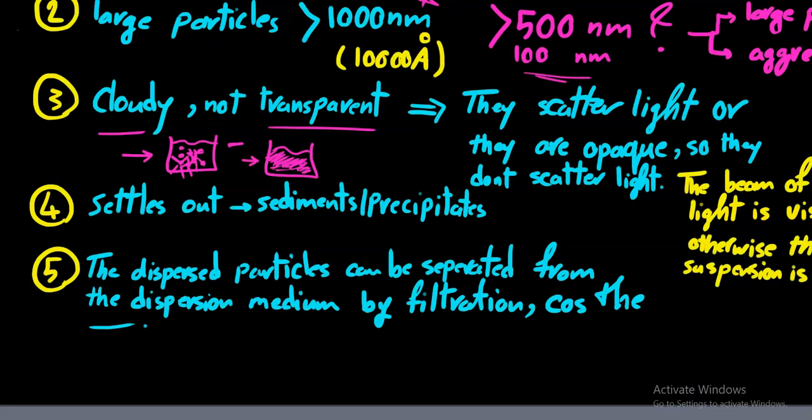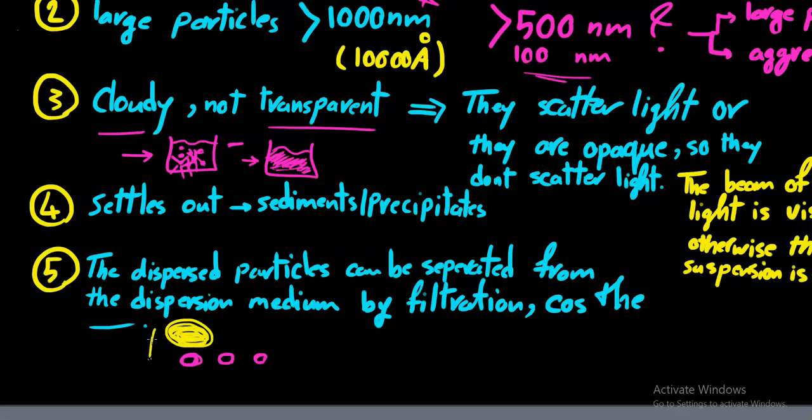Another characteristic of the suspension: as I said, the particles of the dispersed phase will settle out or sediment or precipitate. And because the particle size of the dispersed phase is so big, even bigger than the holes of the filter paper, just suppose this is the hole of the filter paper here, and the particles are too big, and this is the water.